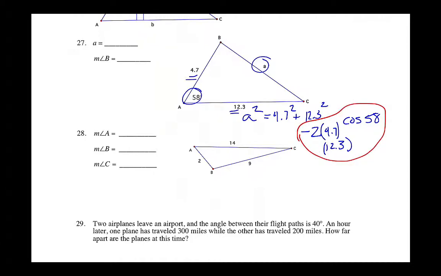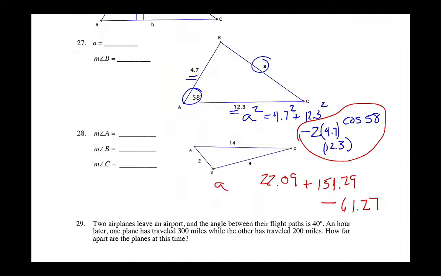So you need to understand all of this is one number. So I'm going to type this into my calculator. 4.7 squared would be 22.09 plus 12.3 squared is 151.29 minus, now I'm going to type all of this into my calculator, 2 times 4.7 times 12.3 times the cosine of 58 gives me 61.27. So I'm subtracting that from the other two.